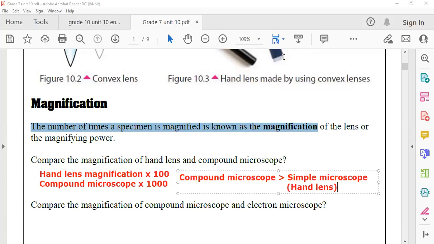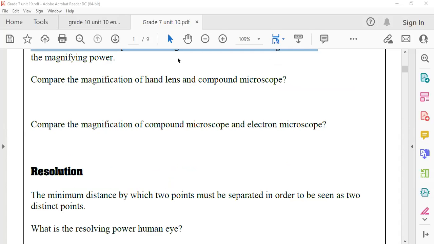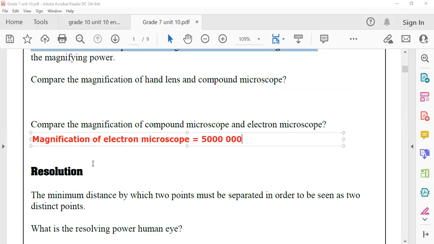Yes, sir. Right. There is another microscope called the electron microscope. The magnification of an electron microscope is very high, nearly 5 million. What is the magnification? 5 million. So if you take a compound microscope and an electron microscope, which is greater? Electron microscope.